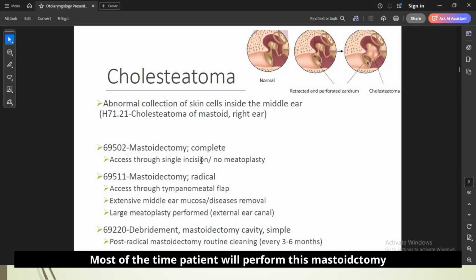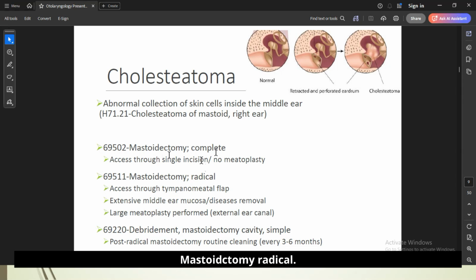Most of the time this mastoidectomy is performed for cholesteatoma. So 69502, mastoidectomy complete. The surgeon will remove the complete mastoid bone. Using the incision, the surgeon will get the access.